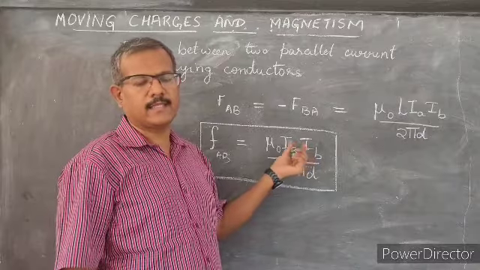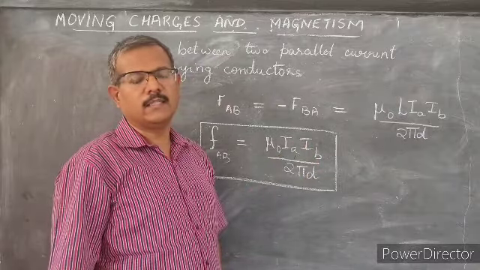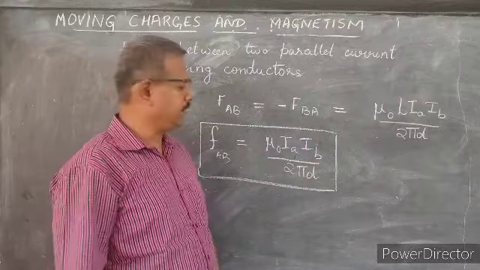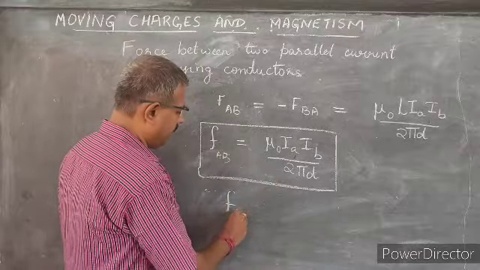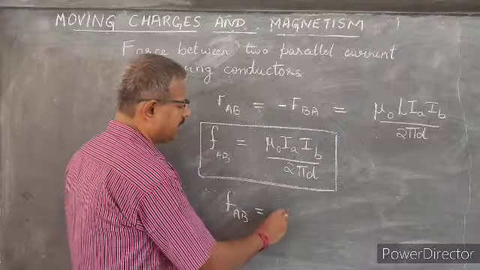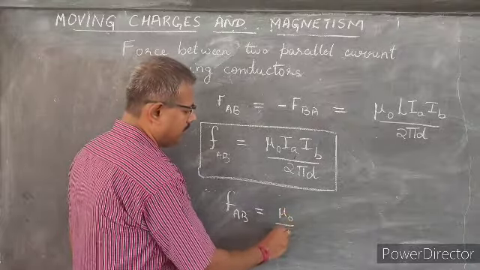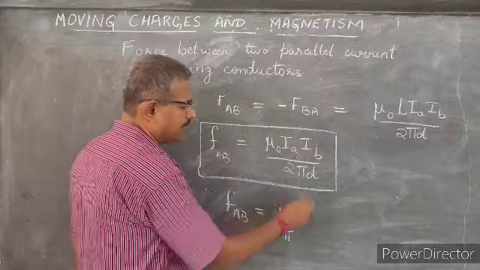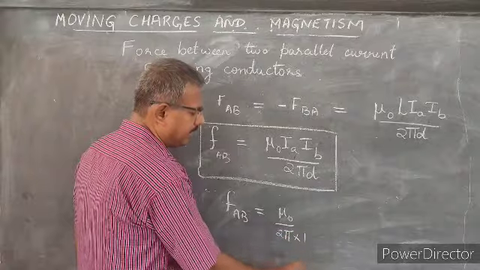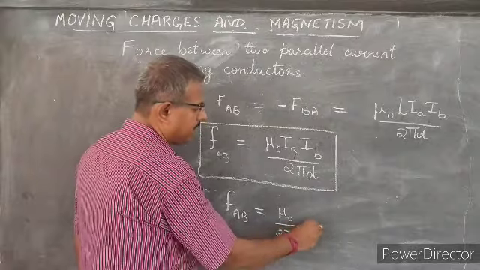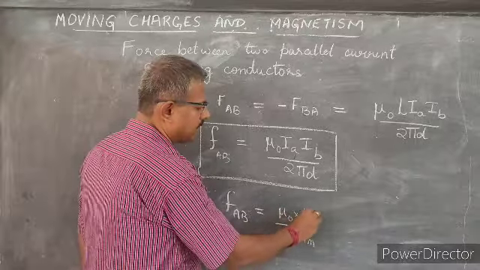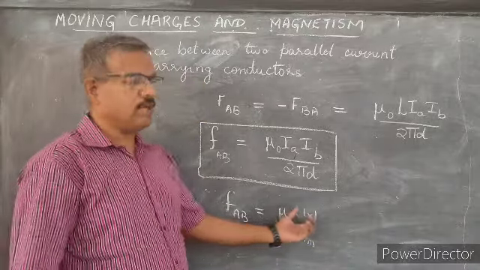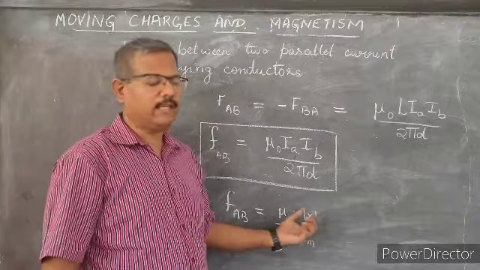This x stands for the standard unit of current, which then leaves me with f_AB defined as mu naught by 2 pi. So d, I'll take it as a length of 1 meter, and this I will take as 1 into 1, some standard quantity of 1 into 1, whatever that quantity is, we'll define it later.